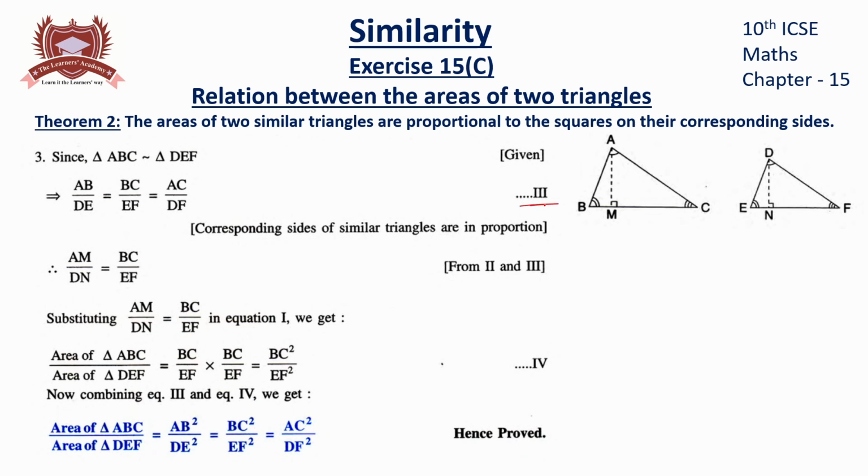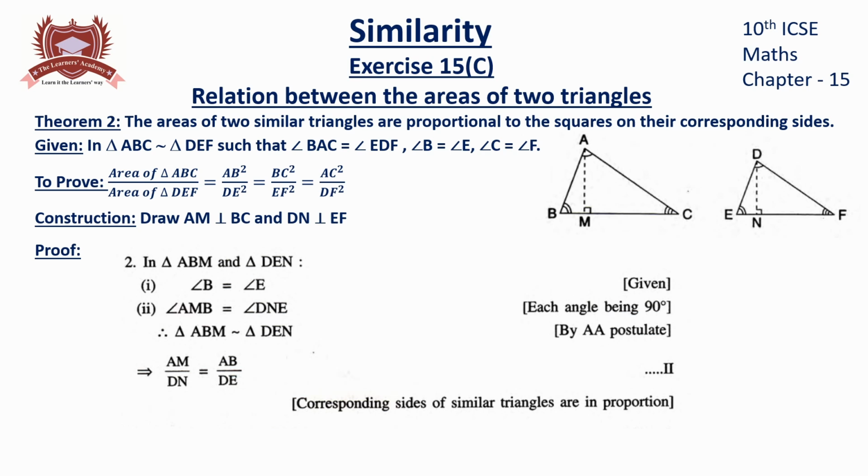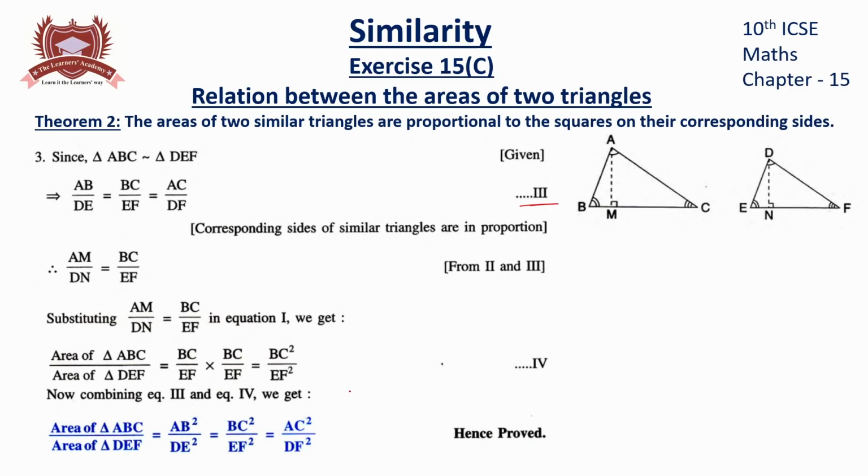So from the third, we got that AB upon DE is equal to BC upon EF is equal to AC upon DF. And in the second we had AM upon DN is equal to AB upon DE. So we used that here, proving that AM upon DN is equal to BC upon EF.